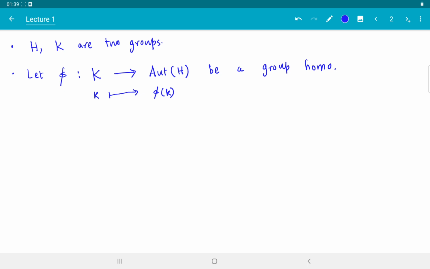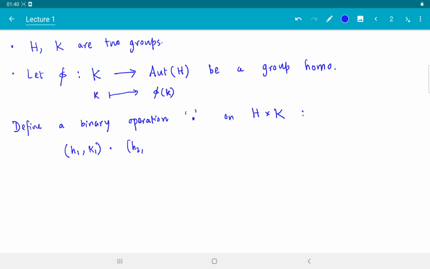Now define a binary operation, let's say dot, on H cross K as follows.